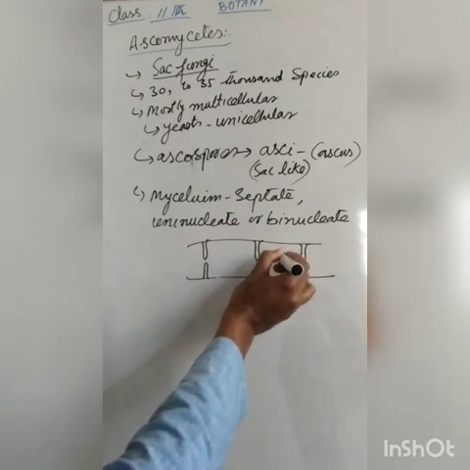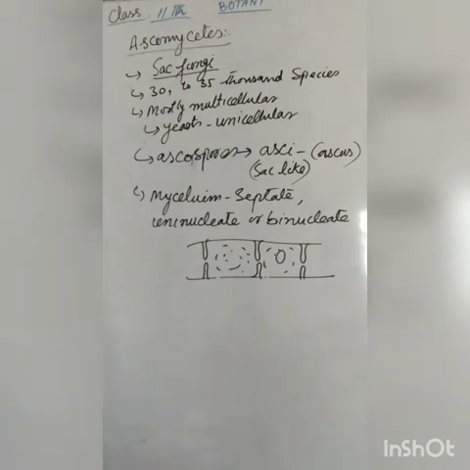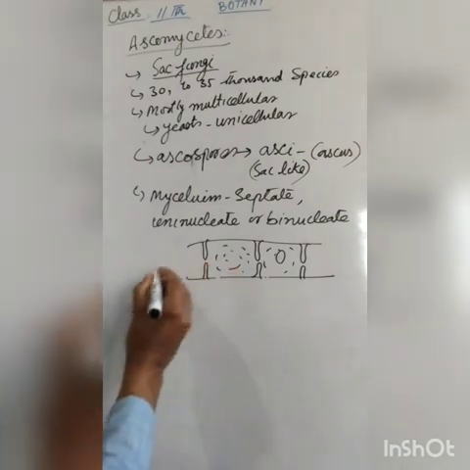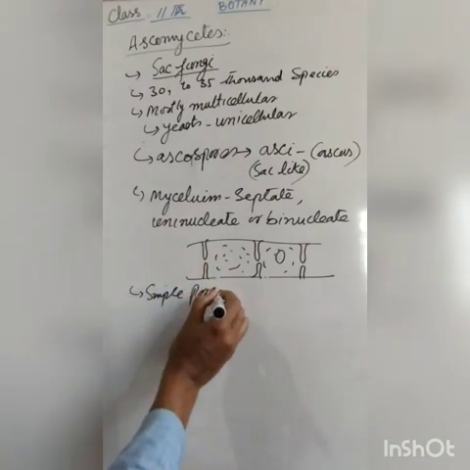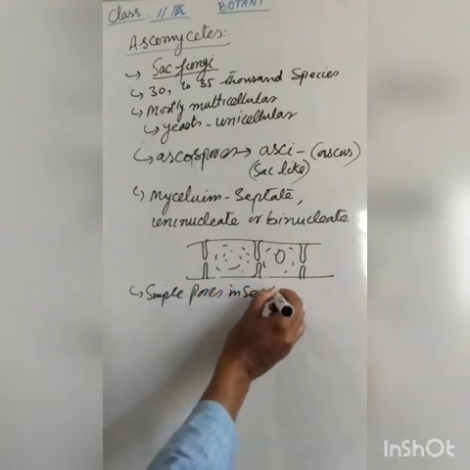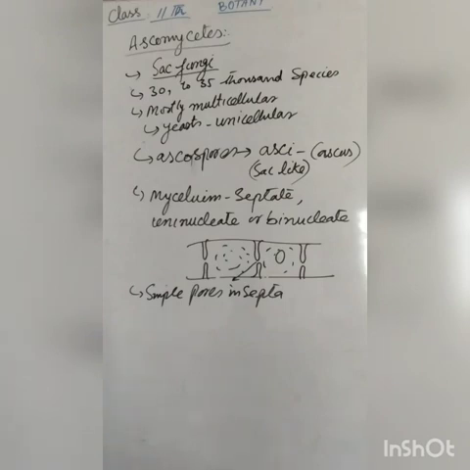They may have a nucleus, and adjacent cells are connected by simple pores in the septa. This is the simple pore in the septa. Sometimes these pores are plugged with Woronin bodies.